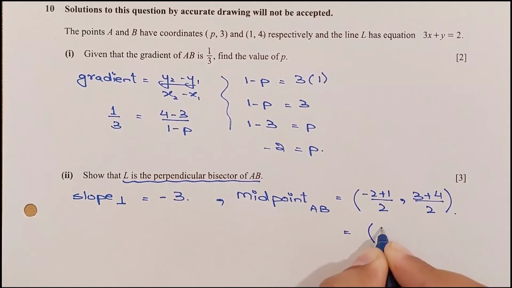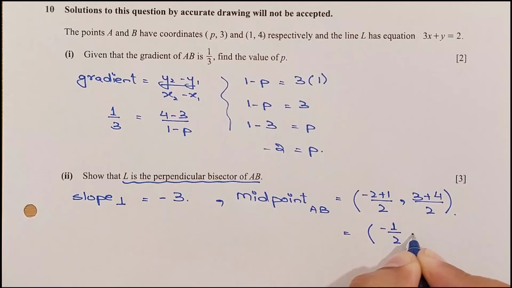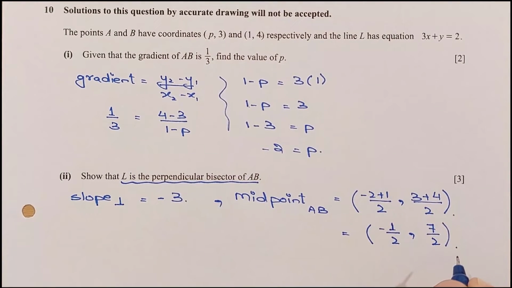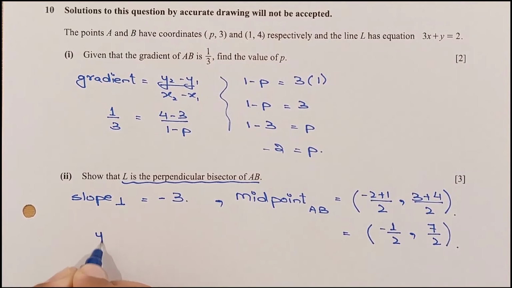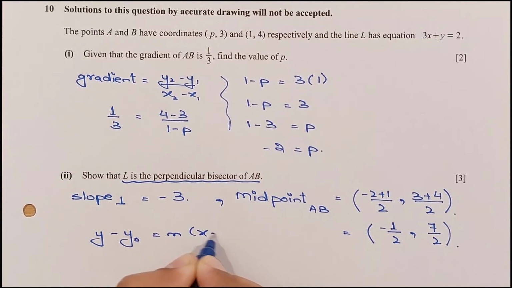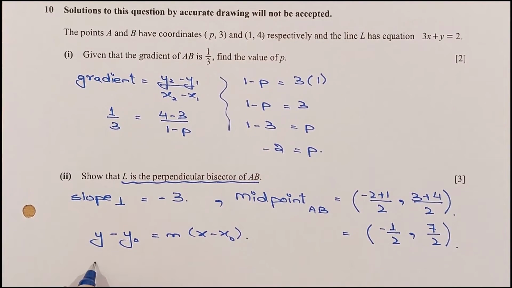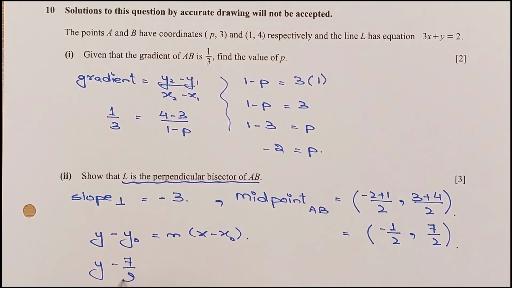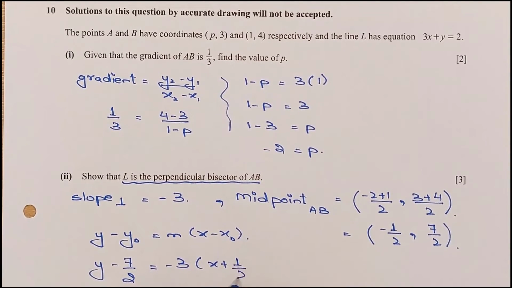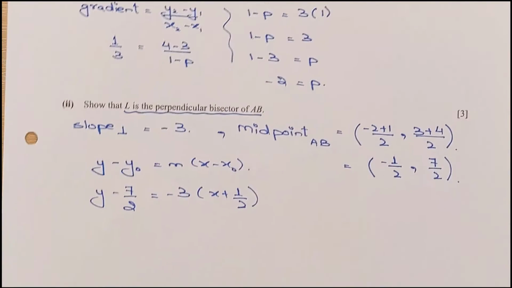So the midpoint is minus 1 by 2, and 7 by 2. Now let me find the equation of the line: y minus y naught equals m into x minus x naught. So y minus 7 by 2 equals minus 3 into x plus 1 by 2. x naught and y naught is the midpoint.